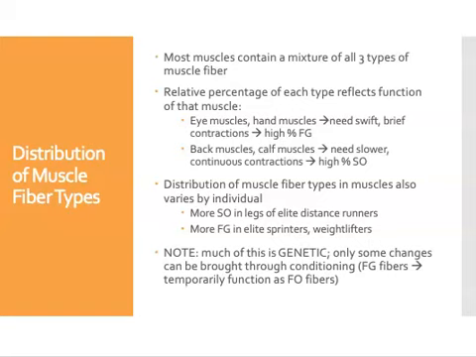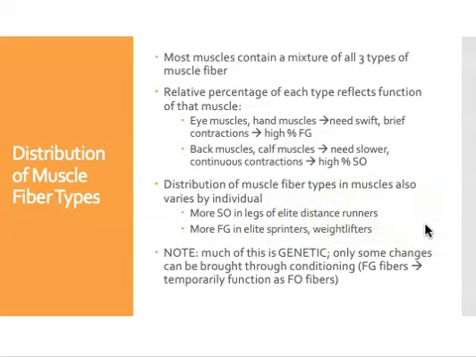And we also see the percentage distribution based on the individual. People who are quite athletic have different distribution of muscle fiber type based on the kinds of sport that they're engaged in. For example, we tend to find more slow oxidative fibers in the legs of elite distance runners.